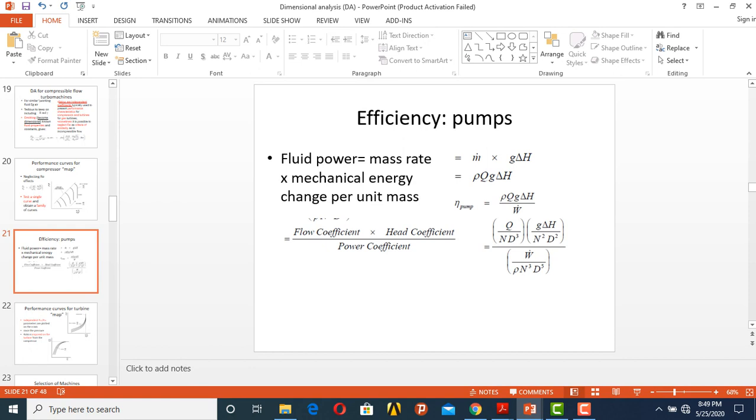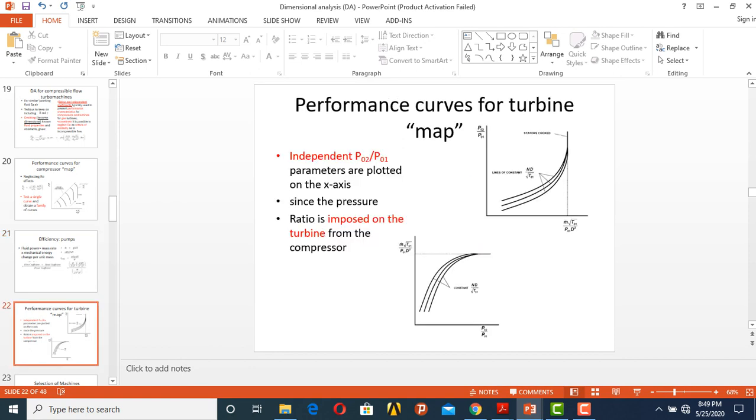But this efficiency can be achieved using the constants that we have just derived: the flow coefficient multiplied by the head coefficient, divided by the power coefficient. So when you work these out, you find that you achieve the efficiency of a pump. These are just some of the curves for independent variables, like specific energy, represented by pressure ratios.